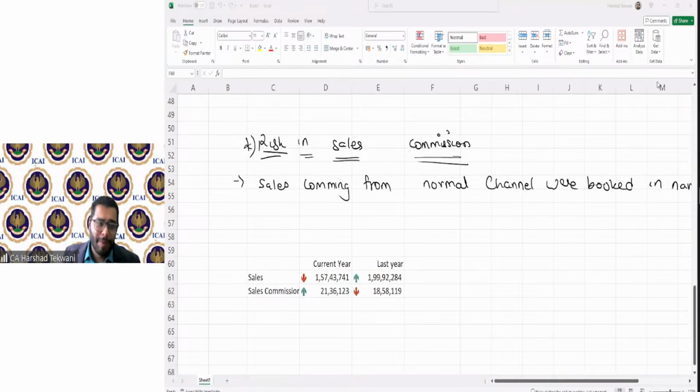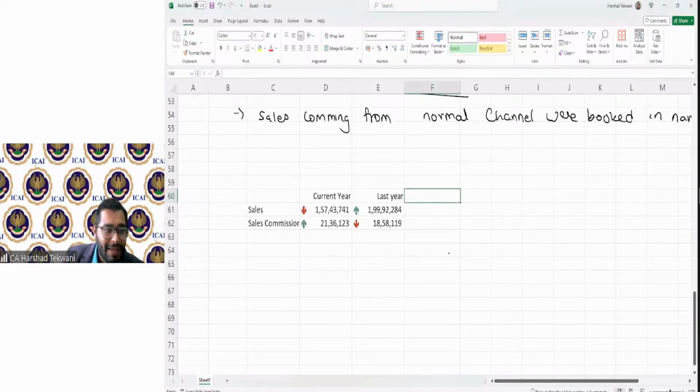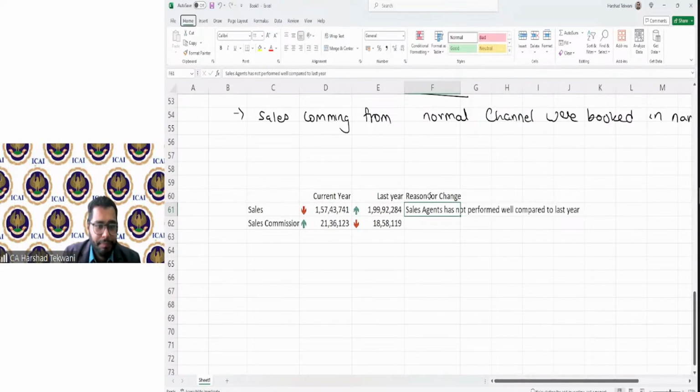Let's say you went to the management and management said there is a decrease in sales because the sales agents have not performed well compared to last year. That's why there is a decrease in sales.